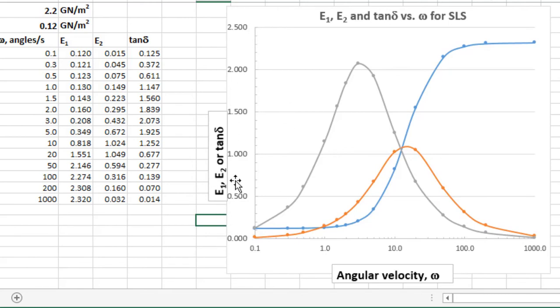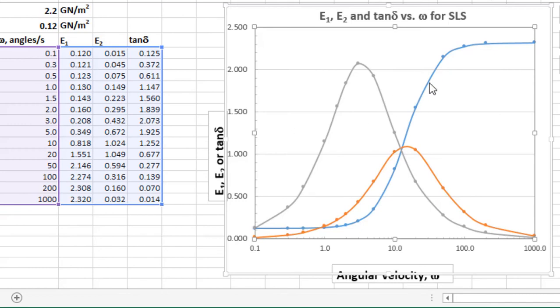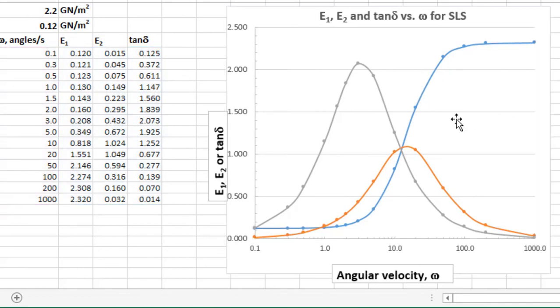So now if we do that, the E1 value varies in this kind of trend. E2 trend is given here, and tan delta trend is given here.